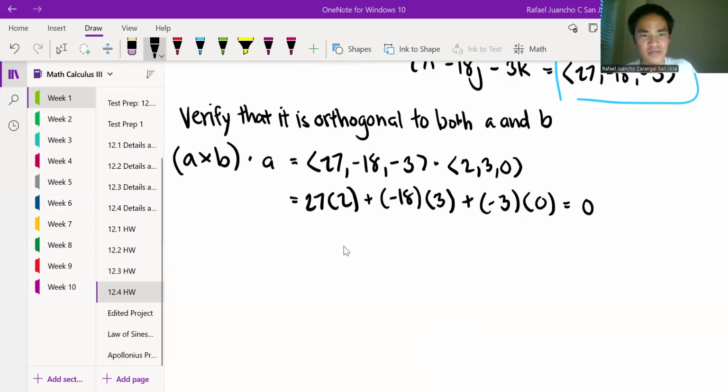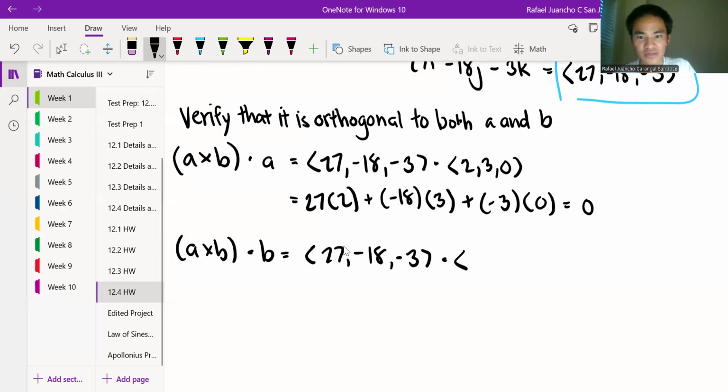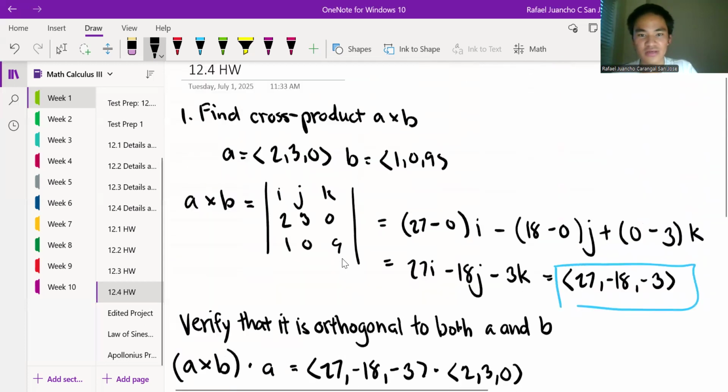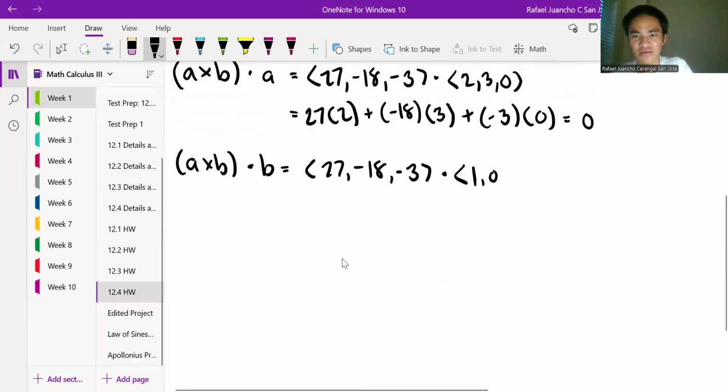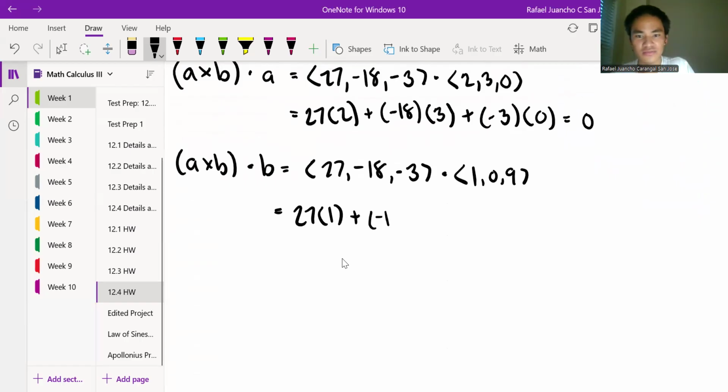And same thing for B. This should also work for B, but we're going to try it anyway. We're getting the dot product of our cross product and B, which is 1, 0, 9.